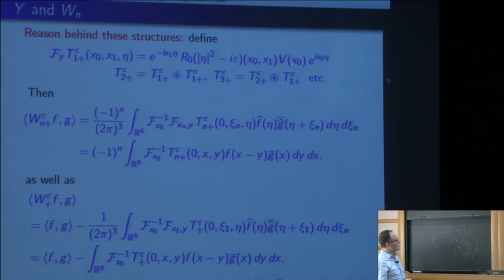And so this by itself, VR0, is the Birman-Schwinger operator. Now, that's not enough here. You have to do a modulation in output and input, which are exactly inverses of each other. Okay? And then this star operation allows you to build the higher WNs from the first one, from W1.